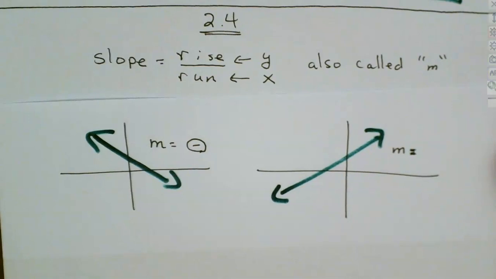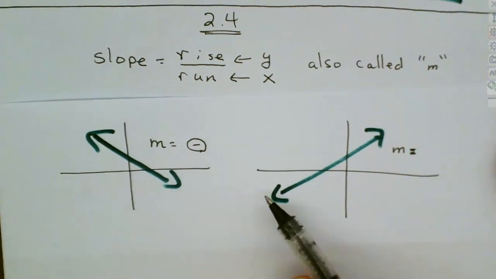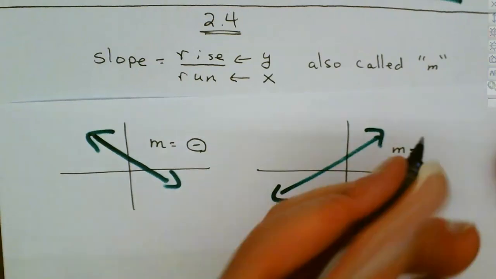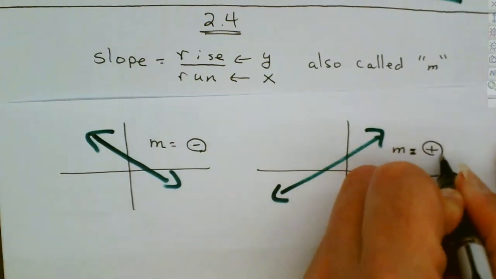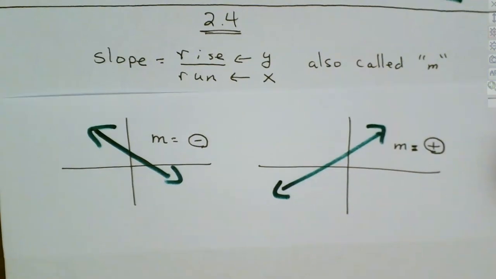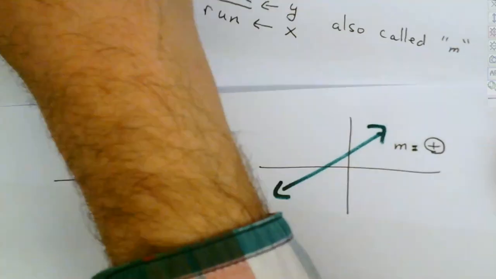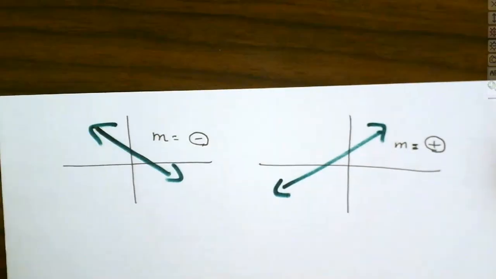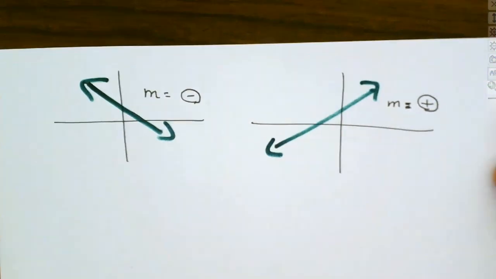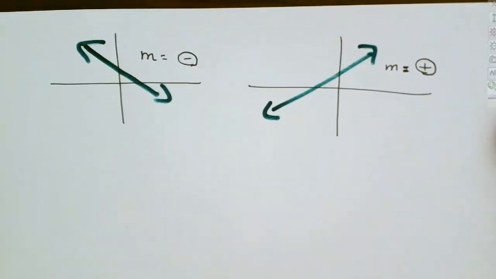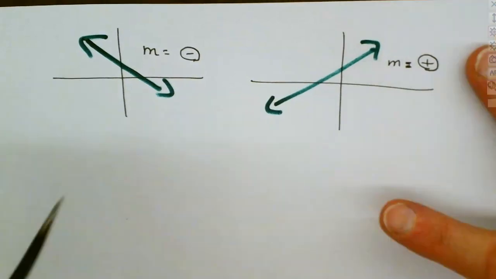Going down from left to right. What about the other one? What is it doing? Up from left to right. It's increasing, so that would make your slope positive. Now there are 2 other lines that we have to concern ourselves with, and they are vertical and horizontal lines, and they have different slopes.